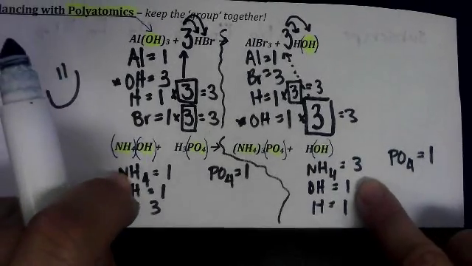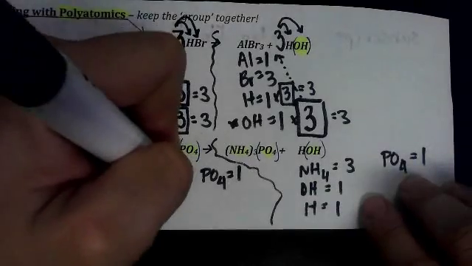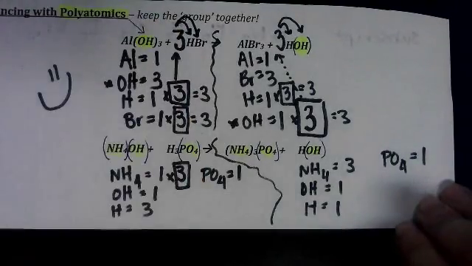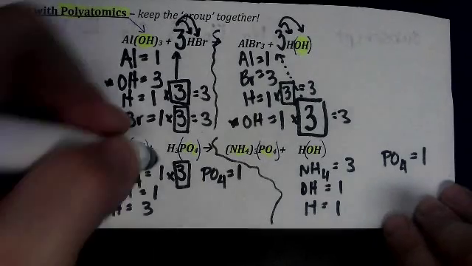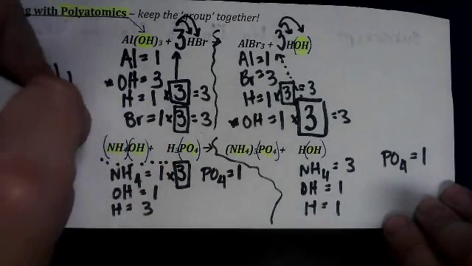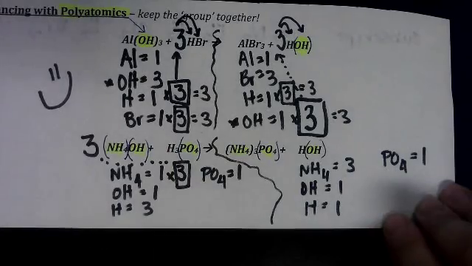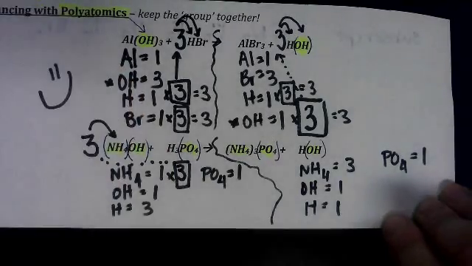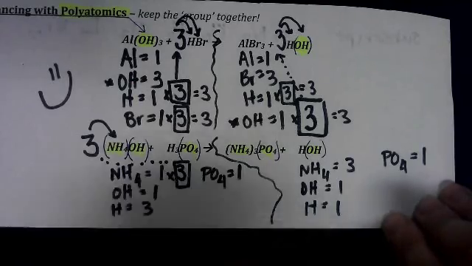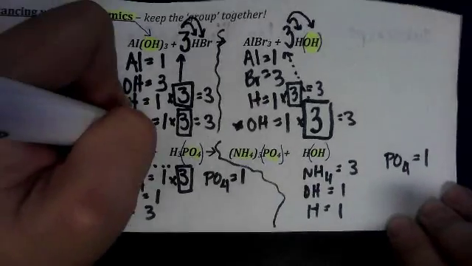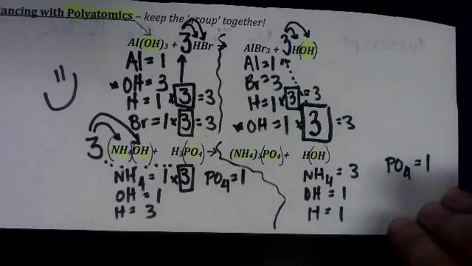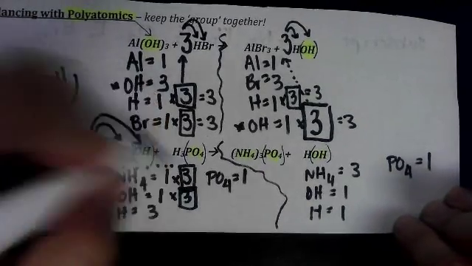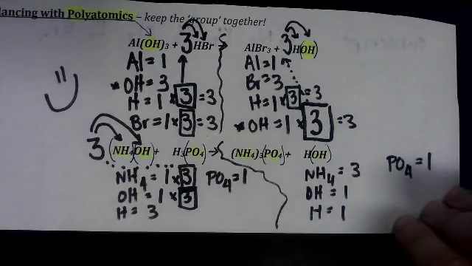On this side we only have 1, so I'm going to multiply that by 3. Put a square around that because that's your coefficient, and it goes in front of your compound. That distributes to everything inside the parentheses, and it distributes to everything over here. So we also have 3 OHs.